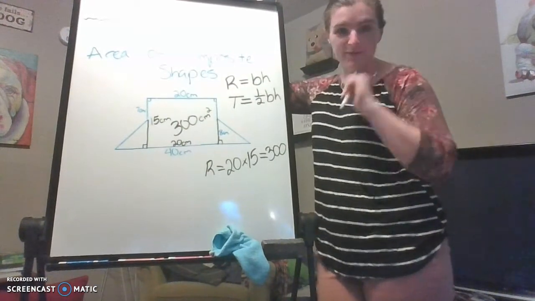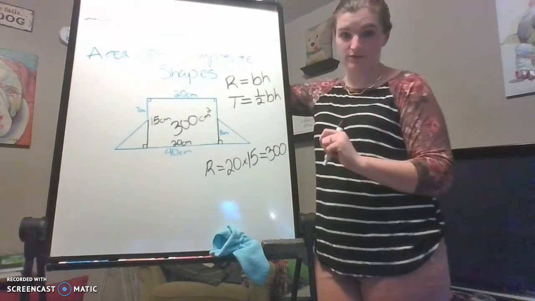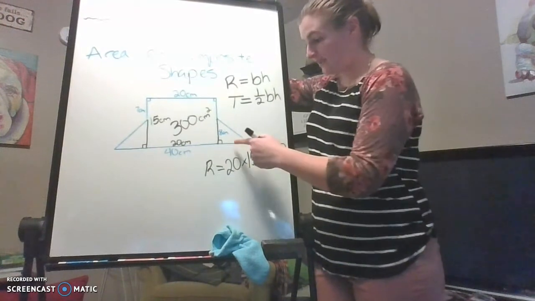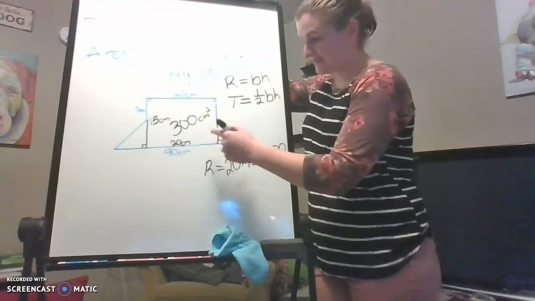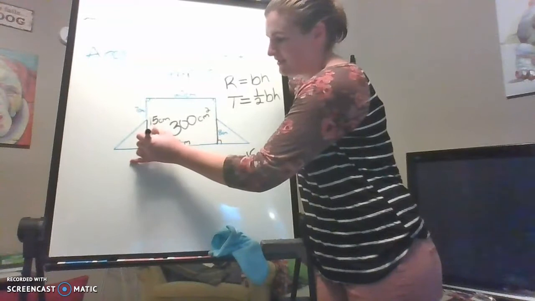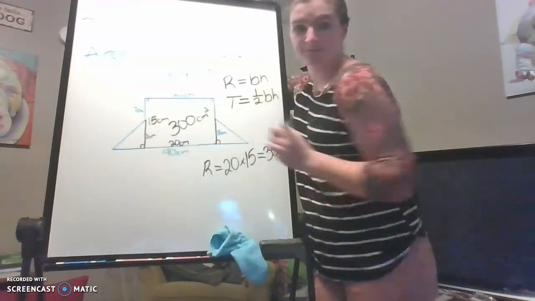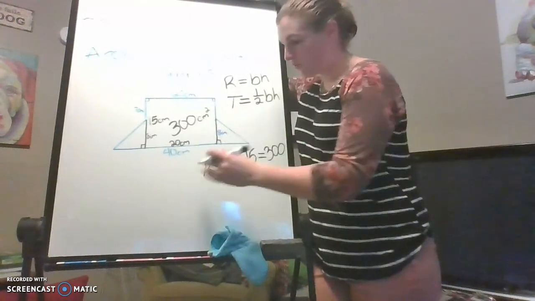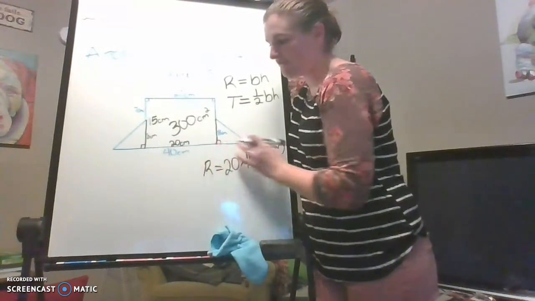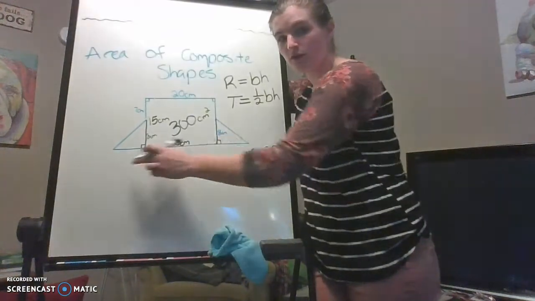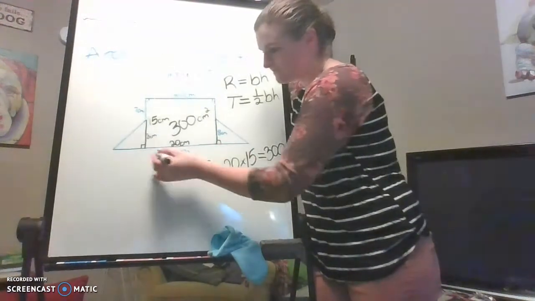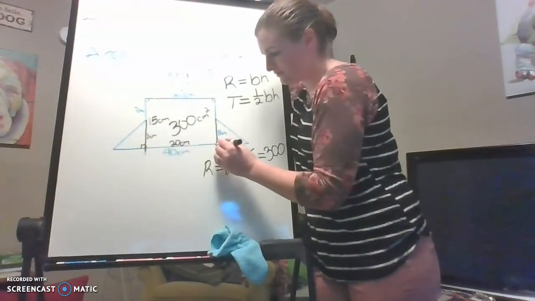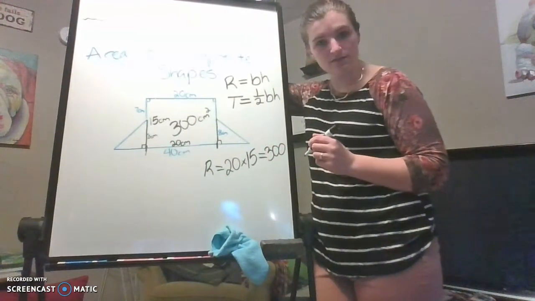Awesome! Now we need to find the area of the 2 triangles. So I know that the height is 8 here, so that means the height has to be 8 over here as well. Now I got to figure out what the base is. Well, we can take a little bit of a hint here. If the whole thing was 40, this amount is 20.